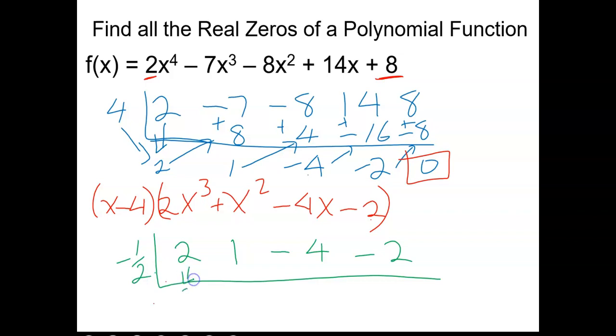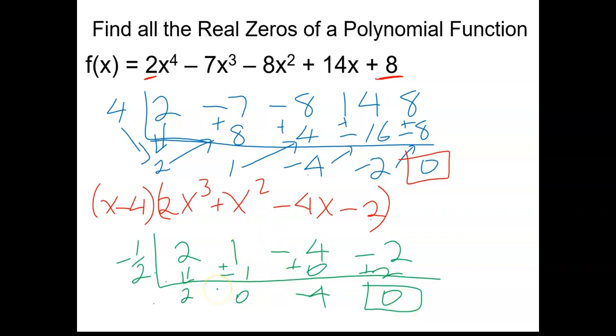We drop down 2. So 2 times negative 1/2 will give us negative 1. Add, we get 0. Negative 1/2 times 0 is 0. We add, we get negative 4. Negative 1/2 times negative 4 is 2. We add, we get 0. And again, that's expected because we already know it's a factor.